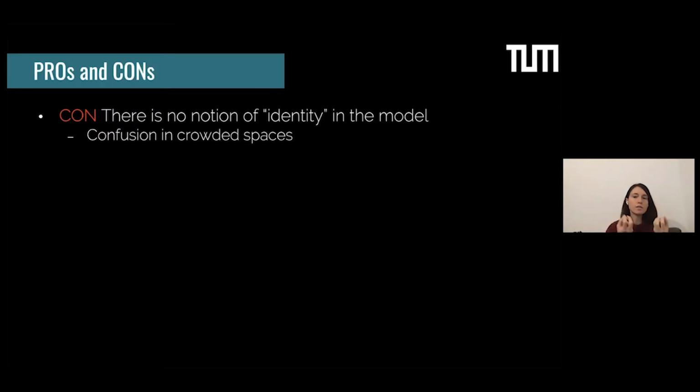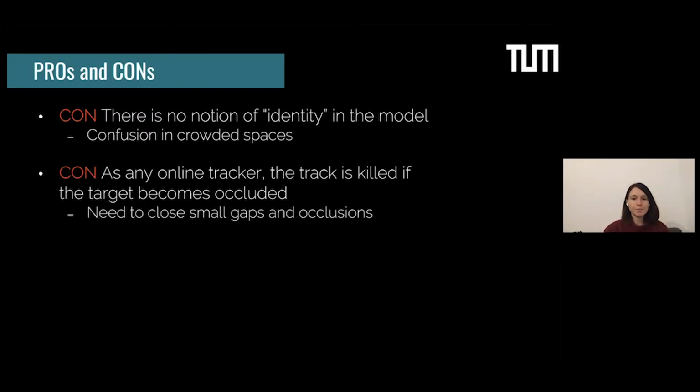So there is no notion of identity; it's just going to snap to any pedestrian. If you're trying to track in crowded spaces, it's going to get confused quite easily unless you have a really high frame rate. Of course, as with any online tracker, the track is going to be killed if the target becomes occluded. That's not a major problem. It happens for any online tracker.